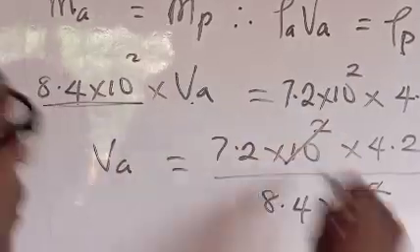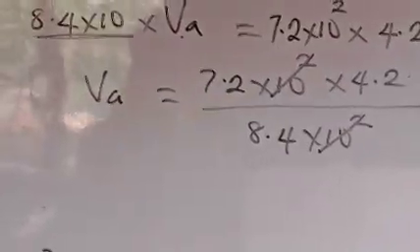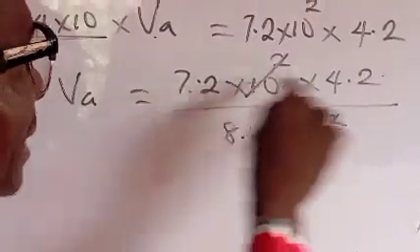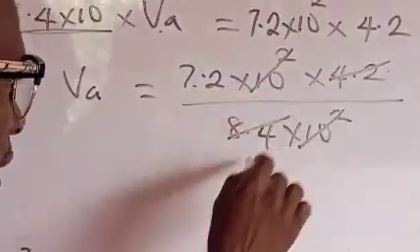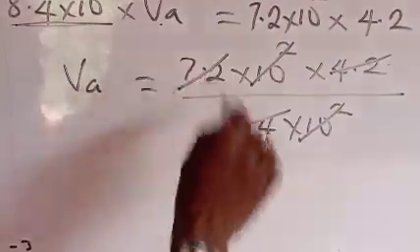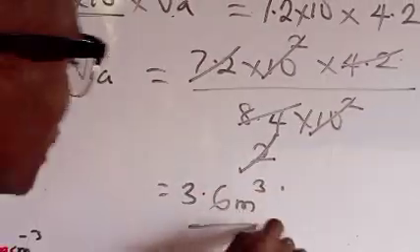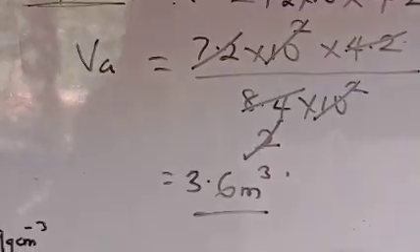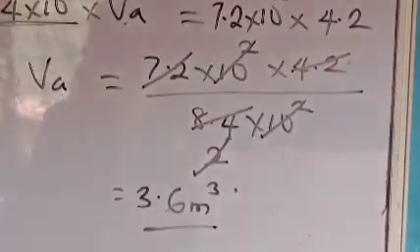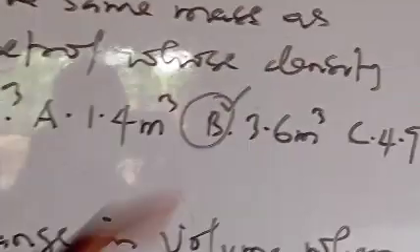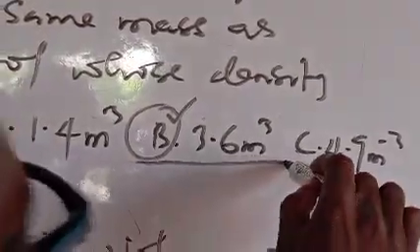The 10 raised to the power 2 cancels, and the answer is 3.6 meter cube. So our correct answer here is option B. I can underline it. Option B.